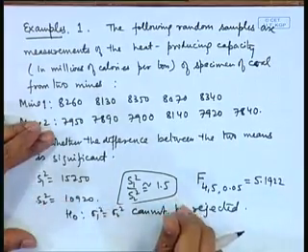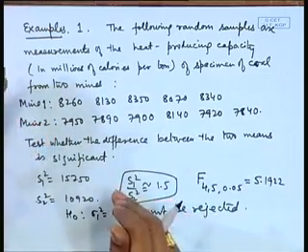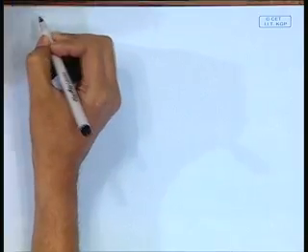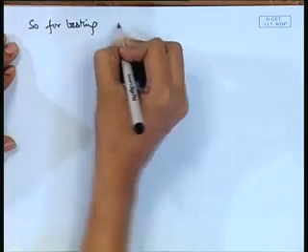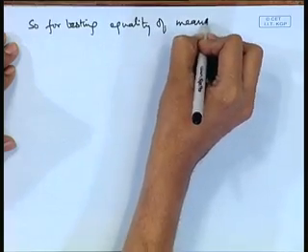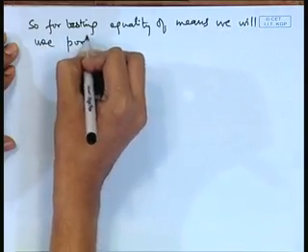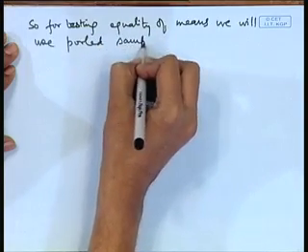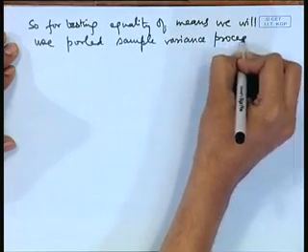Now, if this cannot be rejected, then for the equality of means we will go for the pooled sample variance procedure. So, for testing equality of means, we will use pooled sample variance procedure.